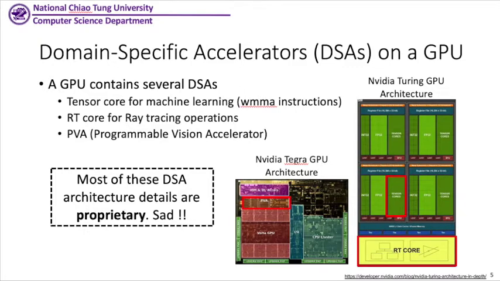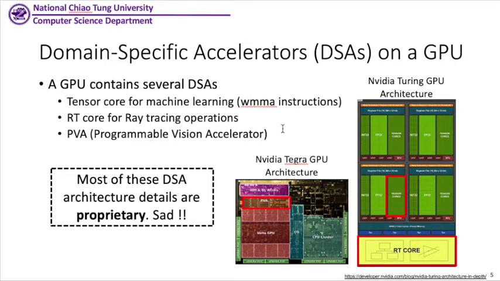More and more special functional units are shown in the GPU. The GPU is not only specialized for computer graphics workloads anymore. This presents a trend that more and more domain-specific accelerators are included in a chip to accelerate some specific operations.